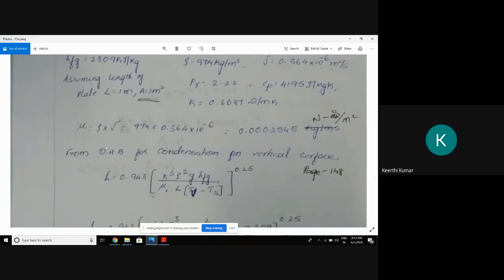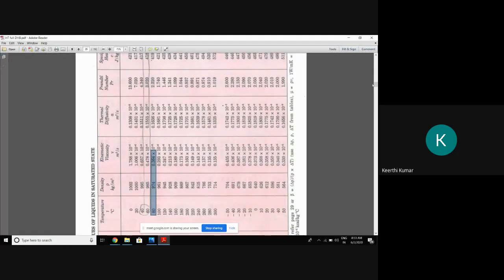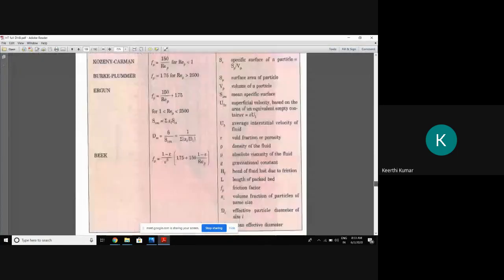Then once you get the dynamic viscosity, we'll go to the data handbook, again page number 148. Okay, page number 148. Here, what is he asking? He is asking straight away for the value of h. Correct? The given surface is vertical.